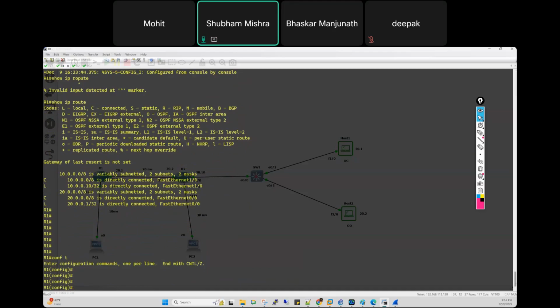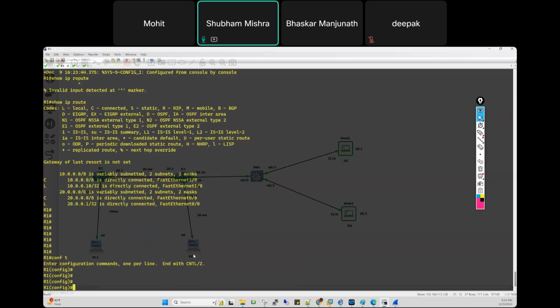Recursive lookup was the problem. And when we configure the static route with exit interface, what was the problem? Proxy ARP was the problem. I hope these things are clear. Yes or no?